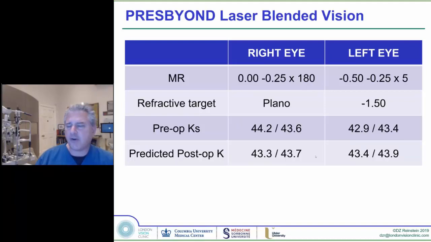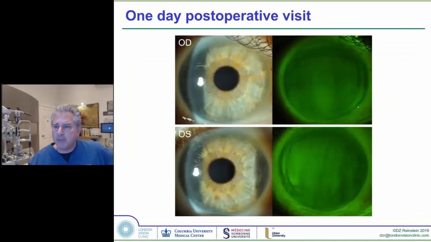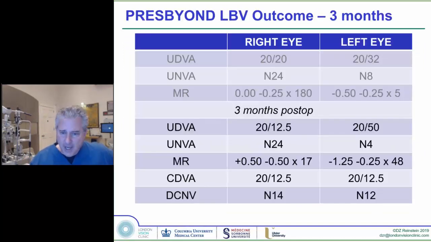We pop in the spherical aberration that we measure from the aberrometer, and this is his post-op day 1 cornea look. It looks fantastic, and now he's seeing 20/12 and N4, yeah, J2. So he's a real happy camper at 3 months, and so that's Bob your uncle. So as you can see, we've converted a pseudo-phakic patient into a PRESBYOND patient.